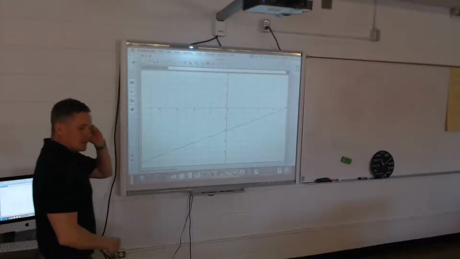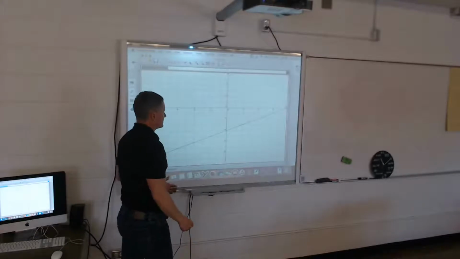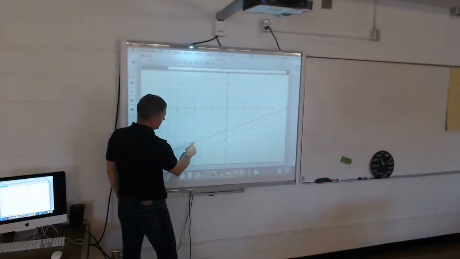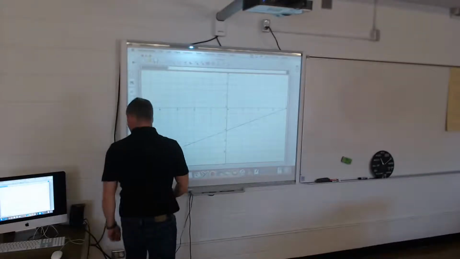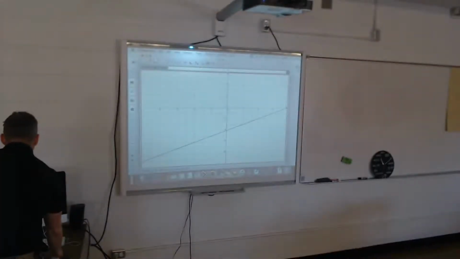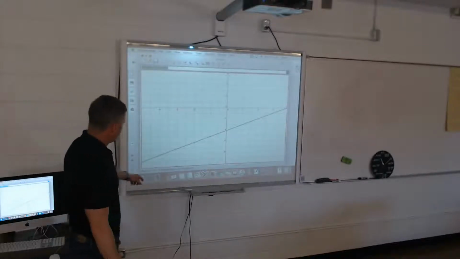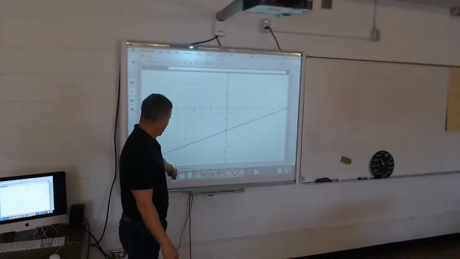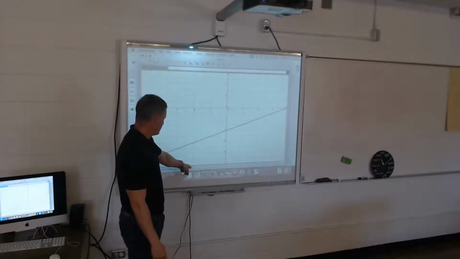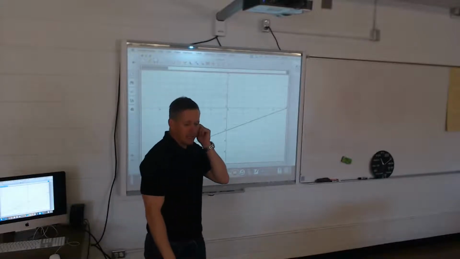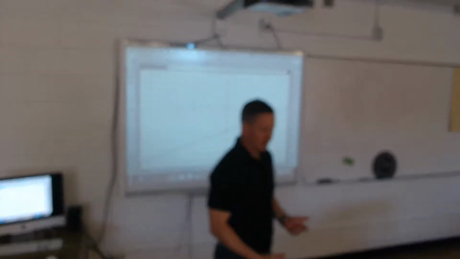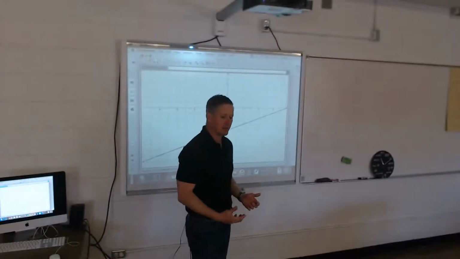Here's my line right here, and at -2, -6 down here, I have an open dot. If I go down to it, it actually says on here -2, -6, and there's a hole where y equals x minus 4, x plus 2 over x plus 2. So what that means is it cannot include that coordinate of -2, -6. That's what we call a point of discontinuity.